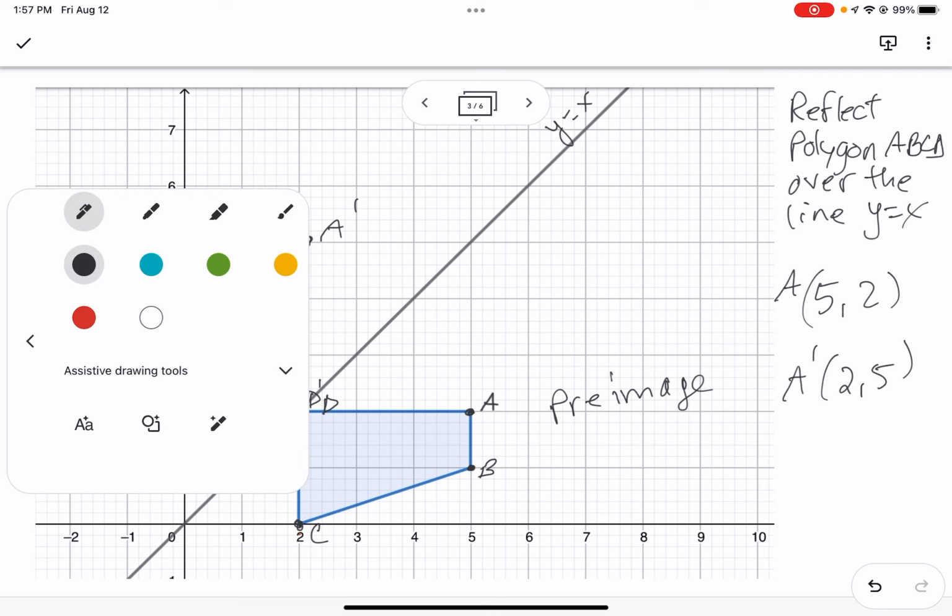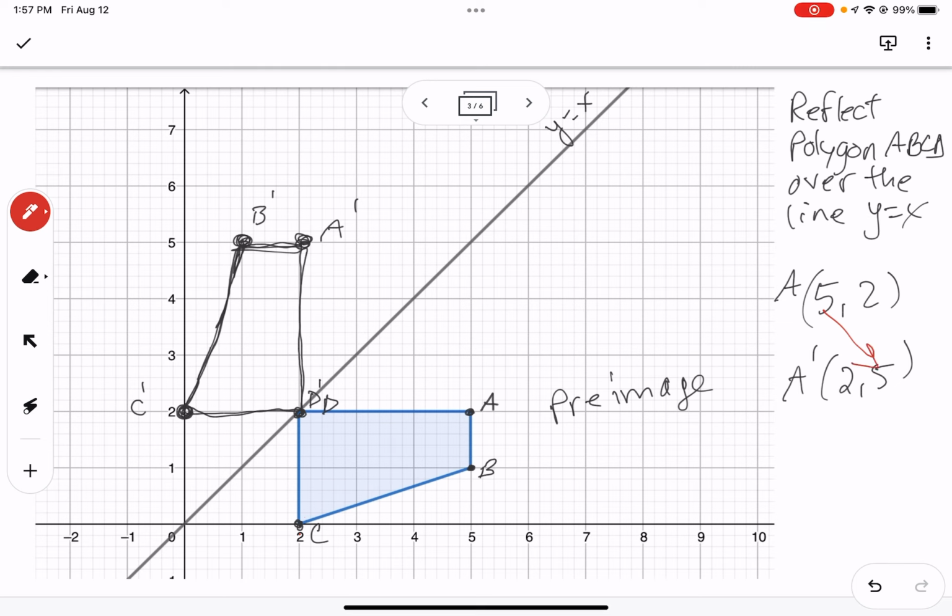So what happened? x and y swapped places. I challenge you to examine B and B prime, C and C prime, D and D prime, and see if they still swap places. If they still swap places, you have a new pattern. You know that if you reflect over the line y equals x, all you have to do is simply swap the x and y coordinates.